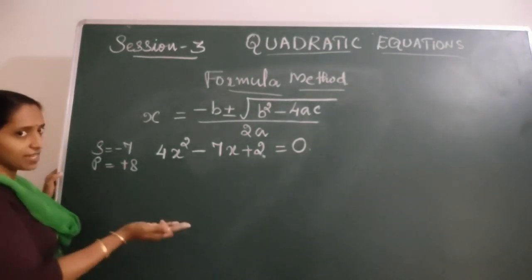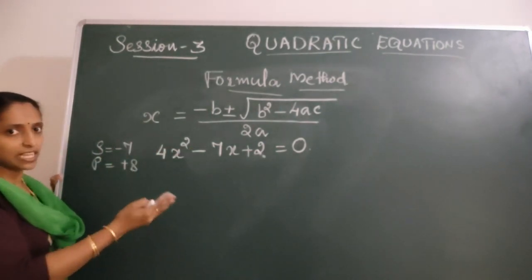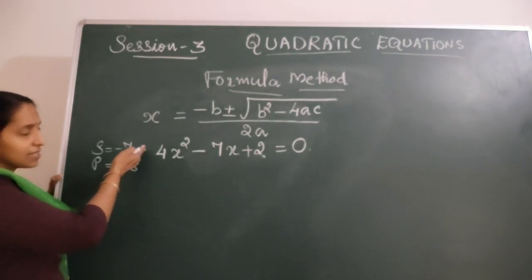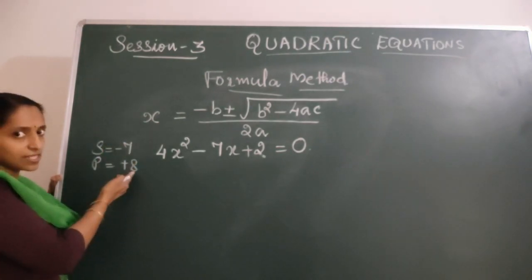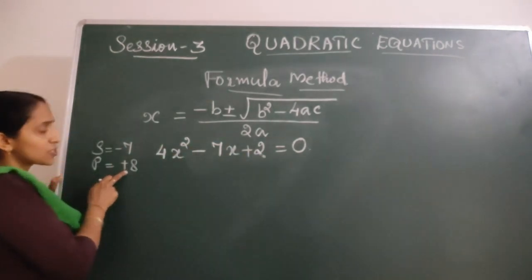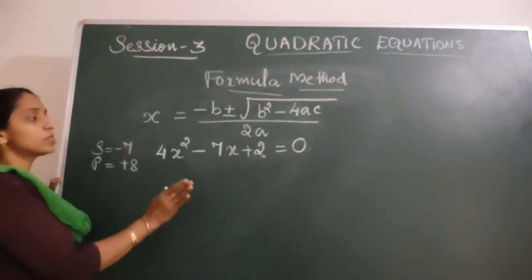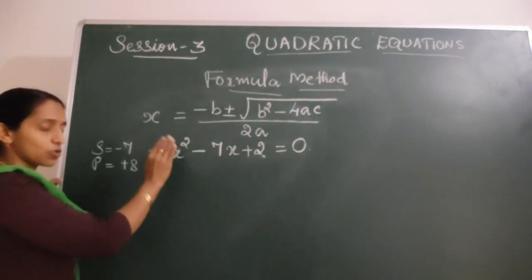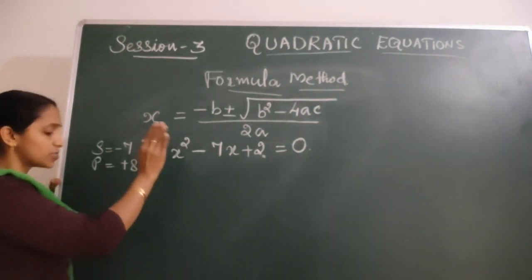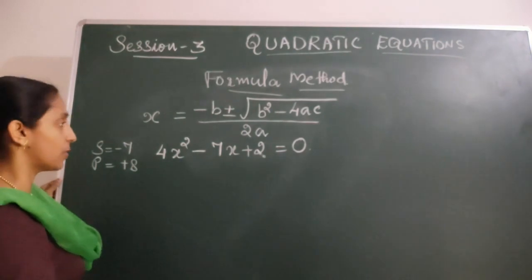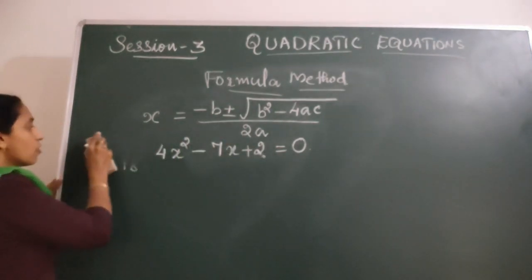But if it is minus 8, of course you will get minus 8 plus 1, a sum of minus 7 and a product of minus 8. As the product is given as plus 8, we cannot find the two factors for this equation. But it is also a quadratic equation, and of course it will also have roots. So how can you find those roots? That's why we are applying the formula.